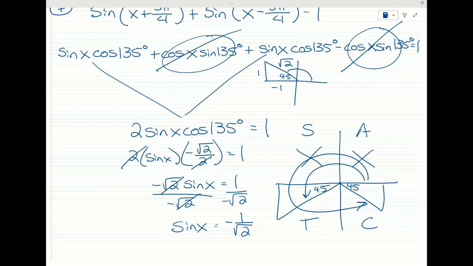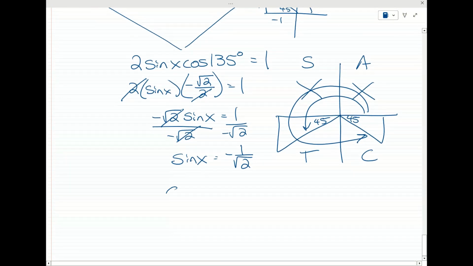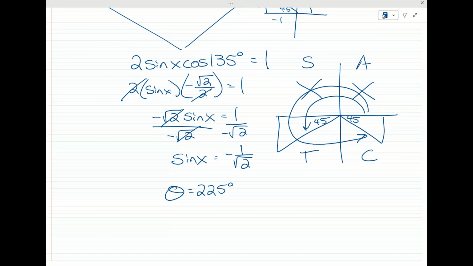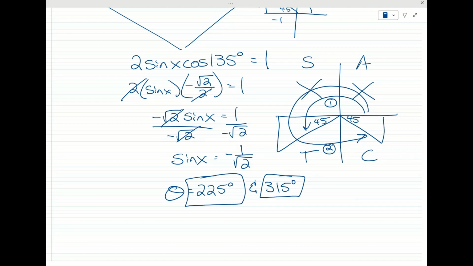The question is asking us just to solve from the interval from 0 to 2 pi, so we don't have to add the period. It looks like the answer is just going to be 180 plus 45. And the second answer is going to be 360 minus 45, which is 315. Those would be the two answers.